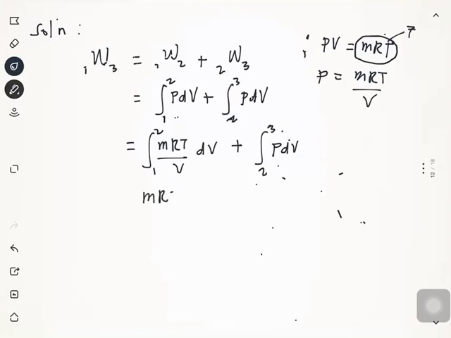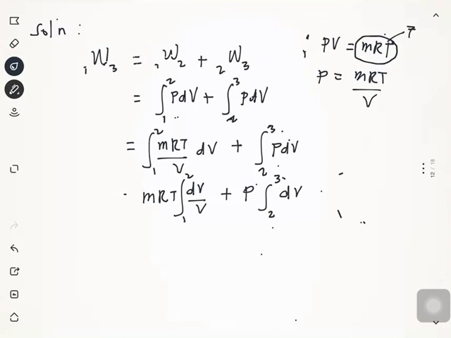So we have mRT, the integral from 1 to 2 of dV over V, plus, since we have the isobaric process from state 2 to 3, with constant pressure, the integral from 2 to 3 of dV.